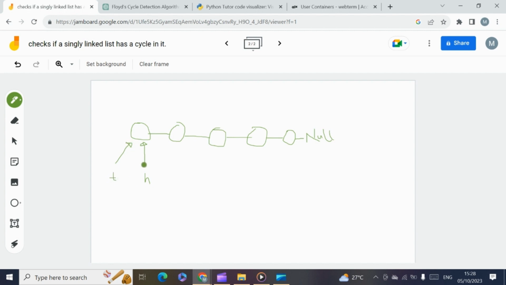Initially, you move the hare two steps ahead of the tortoise, while the tortoise moves one after the other. Let me name them: first node, second node, third node, fourth, and then the fifth node.